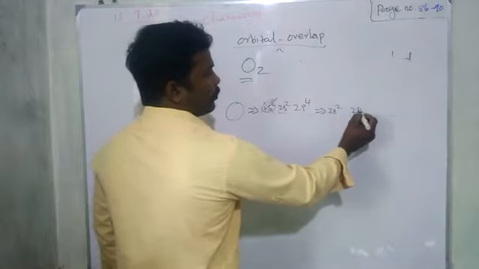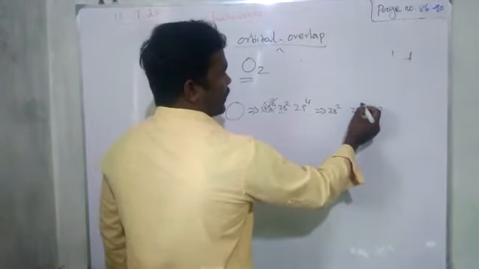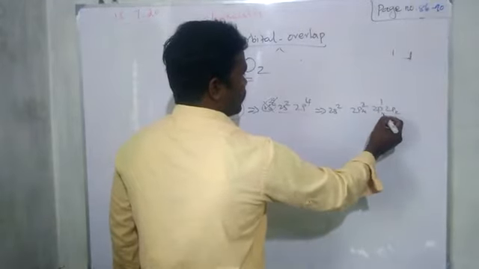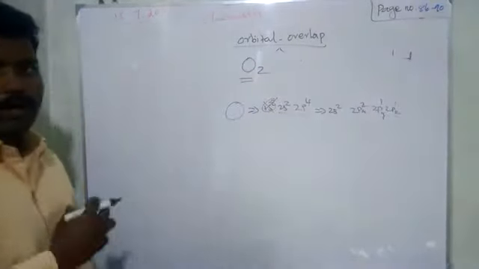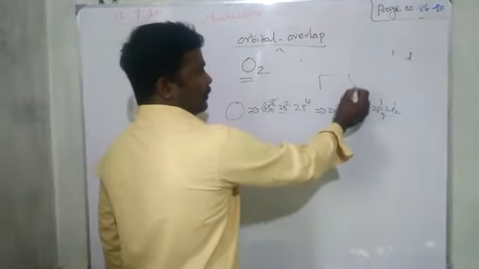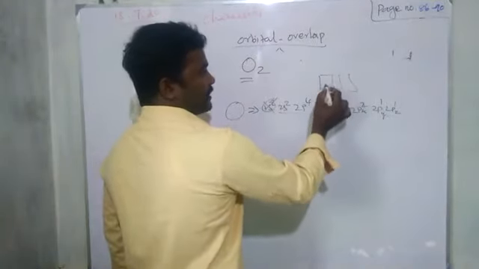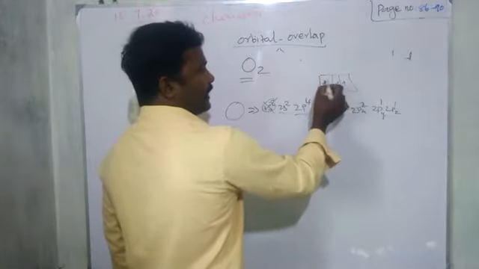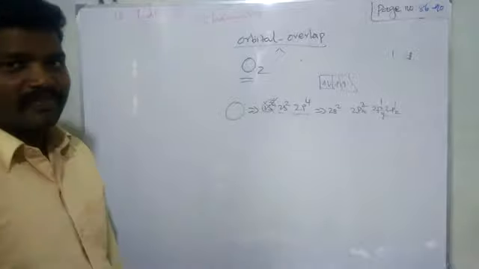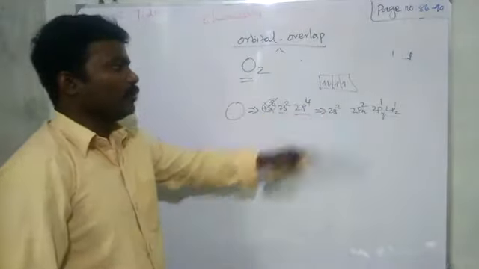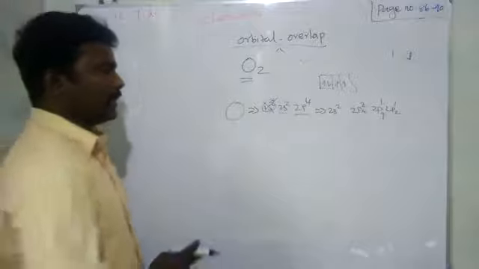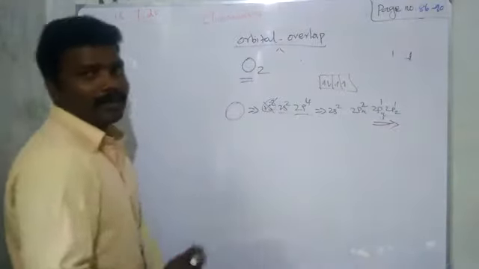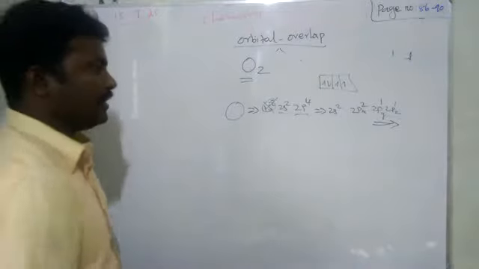2s2, 2px2, 2py1, 2pz1. So 4 electrons. You will learn this in 12th. Anyway, I am saying first we have to fill 4 electrons in the p orbital. 1, 2, 3. Again, we have to start to fill from the first box. So 2px having 2, the remaining having 1 electron each. Now 2 orbitals are ready to overlap because both are in half filled nature.